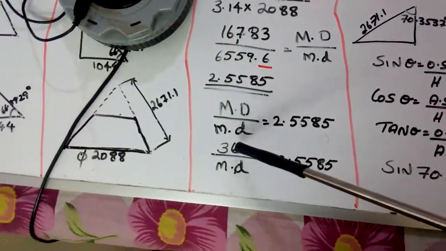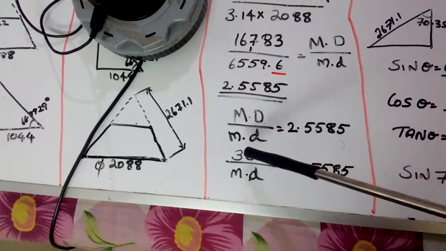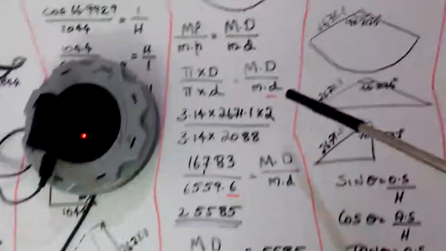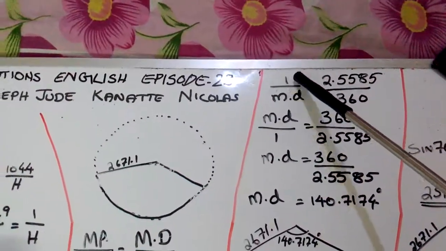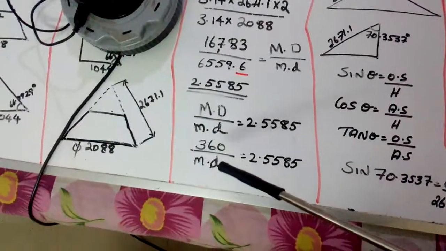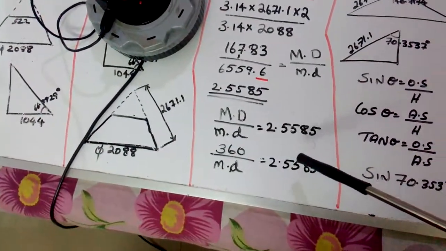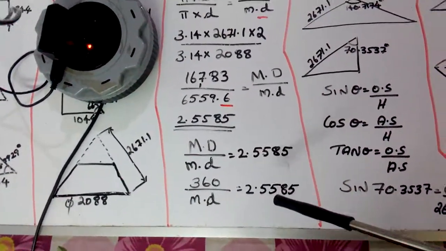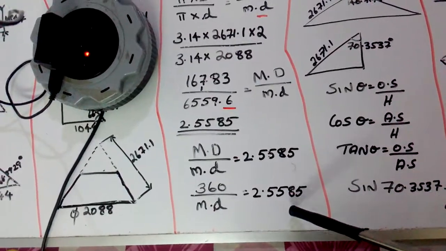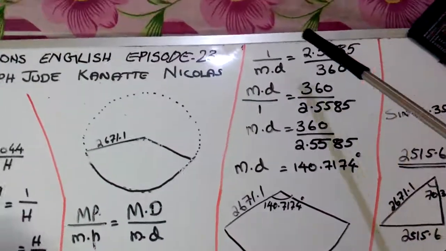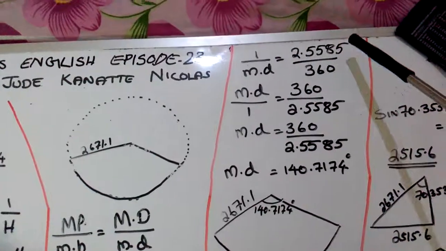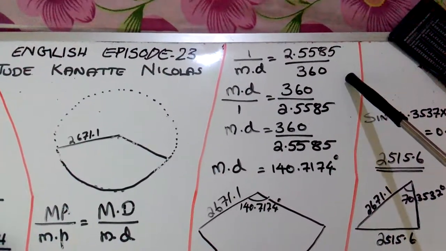When we take this 360 from here to here, what will remain here? 1 will remain here. And 360 will reach the bottom side of this 2.5585. So 1 by MD is equal to 2.5585 divided by 360.